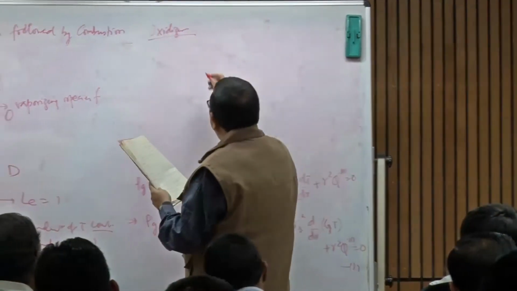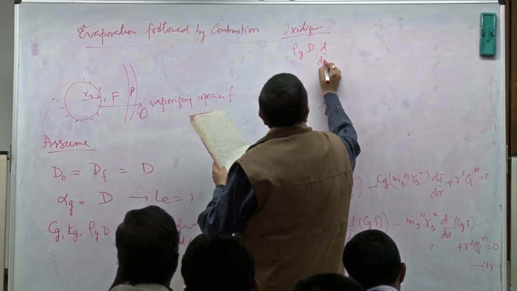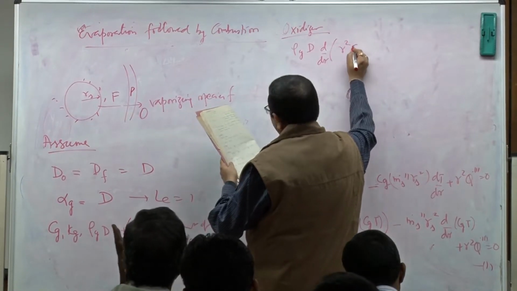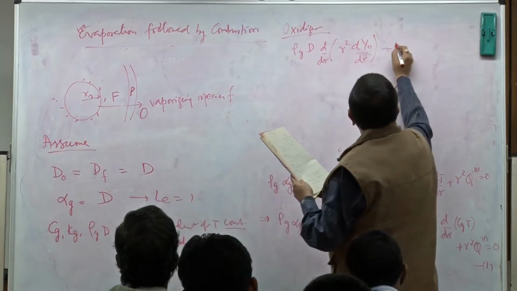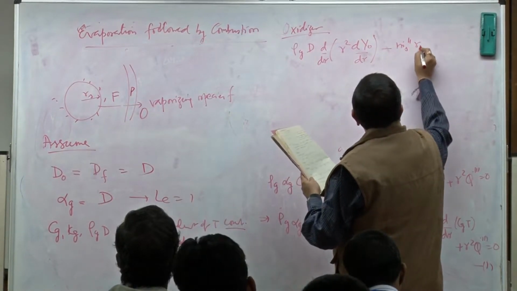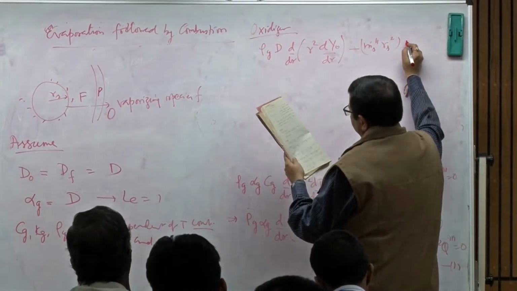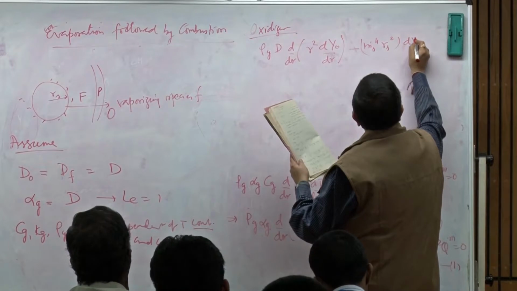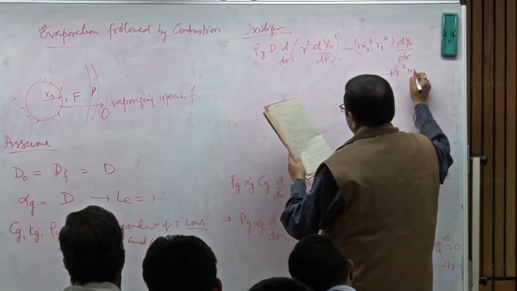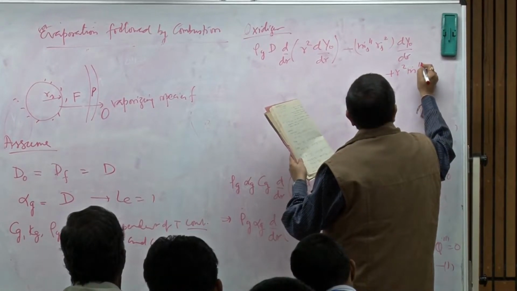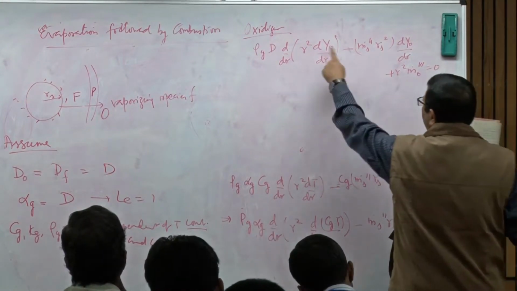So, for oxidizer we have rho g d d r r square. Okay. This is the conservation of oxidizer.